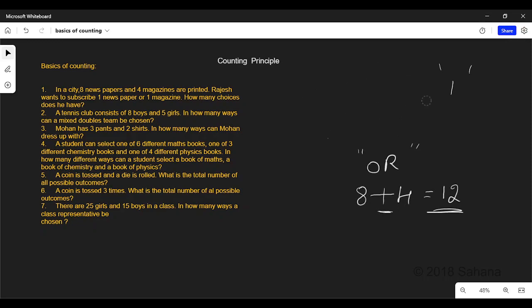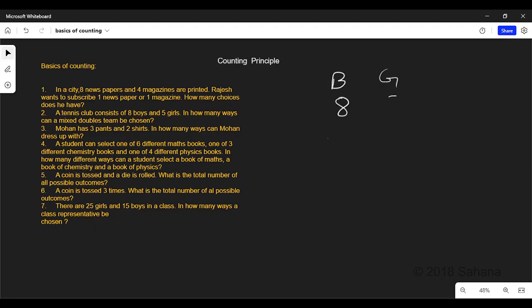Let us go for the second problem. A tennis club consists of 8 boys and 5 girls. In how many ways can a mixed doubles team be chosen? In the sense, I have to choose one boy and one girl out of 8 boys and 5 girls because I want to make a mixed doubles team.